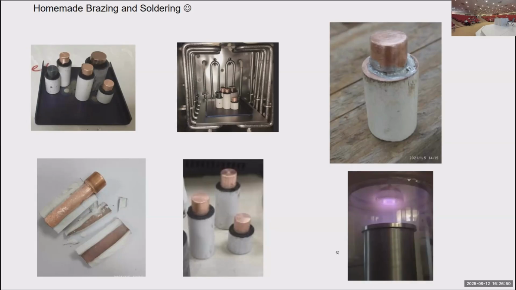PVD is a very simple thing. If you put some copper type in here and make some coatings on the ceramics and make a solder, if you make one piece, then you will not need any oven.